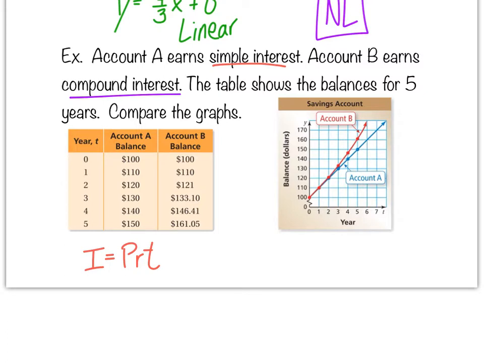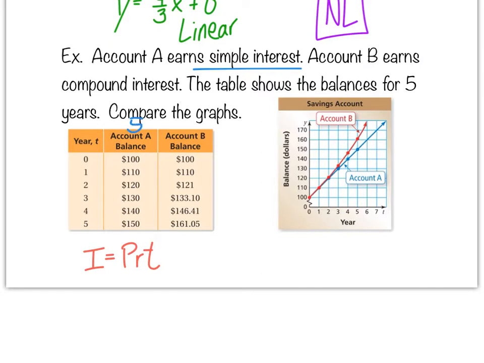So remember, account A is simple interest, put an S there, and account B is compound interest, put a C there. In fact, maybe I should color coordinate a little bit better because it looks like account A is blue. So let me erase this, and I'll erase these lines up here too. Account A is blue, so I'll underline it blue, and it earns simple interest, S there.